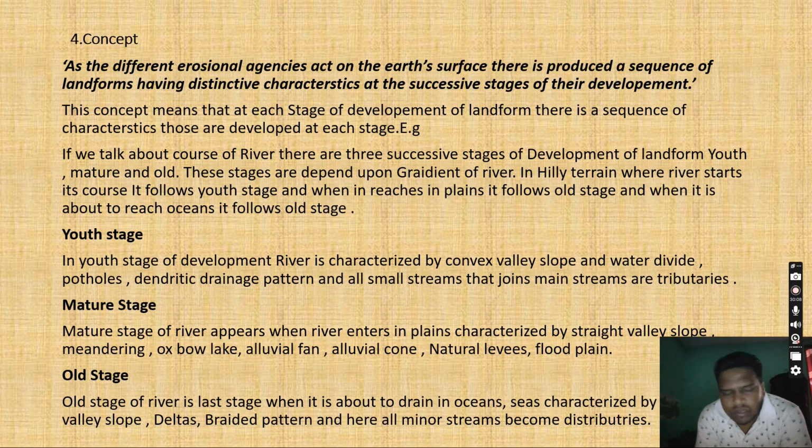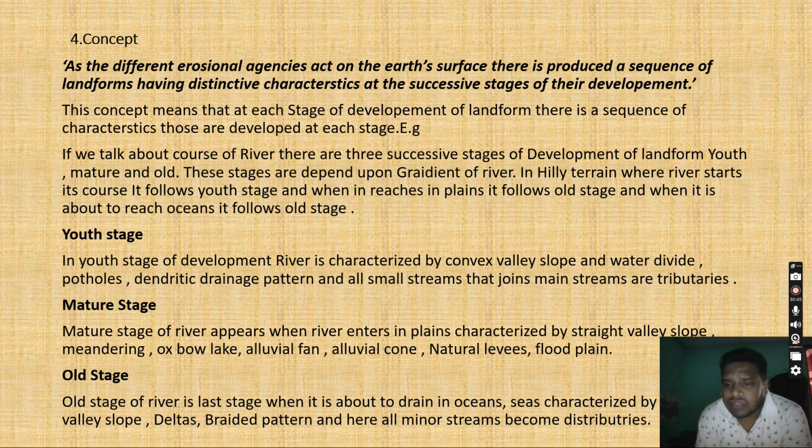We have all observed a tree from the bottom upward. There is a single stem, but going upward, the stem of the tree develops into various small stems or branches. Such a kind of pattern is called a dendritic pattern, and it can also be observed when tributaries join the mainstream in the hilly region. That is called the dendritic drainage pattern.